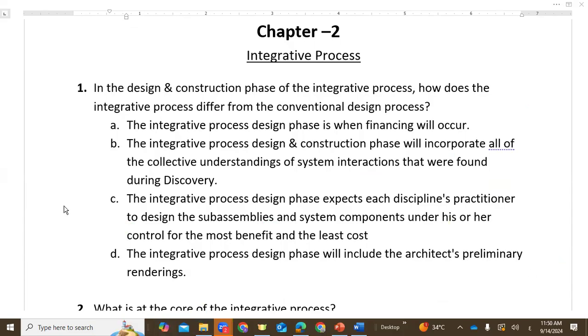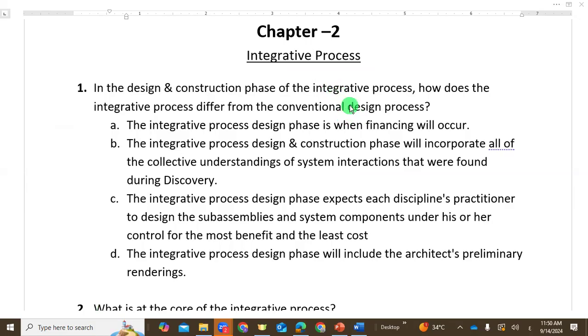In the design and construction phase of the integrative process, how does the integrative process differ from the conventional design process? This question says in the design and construction phase, so during design and construction.